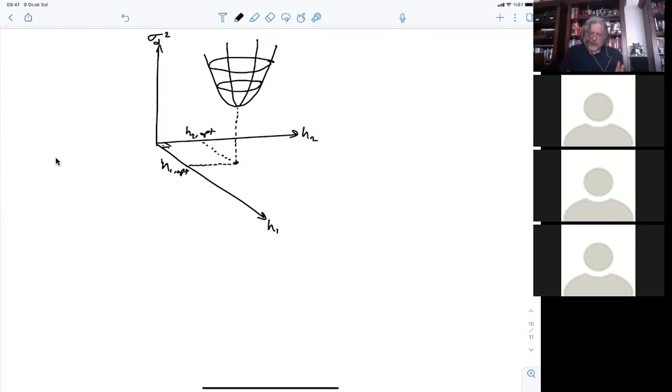So at the point where H2 is equal to H2 optimum and H1 is equal to H1 optimum, this quadratic surface of sigma d square reaches its minimum value. And that is the place that we are actually looking for.